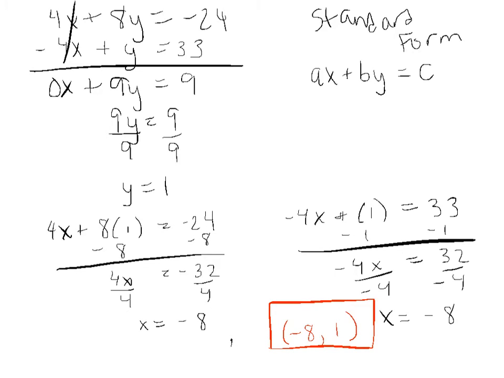Let's look at one more example. This one's going to be a little bit different because we're going to have an equation x plus y equals 16, and the second equation 4x plus 8y equals 76.